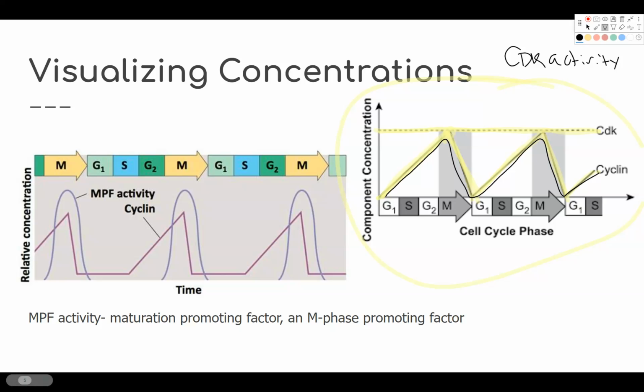This one over here introduces us to another factor. It is the maturation promoting factor, another little signal that pops up in mitosis. So our cyclins, their concentrations, again, are going to slowly increase until we get to M phase, and then they're going to plummet.